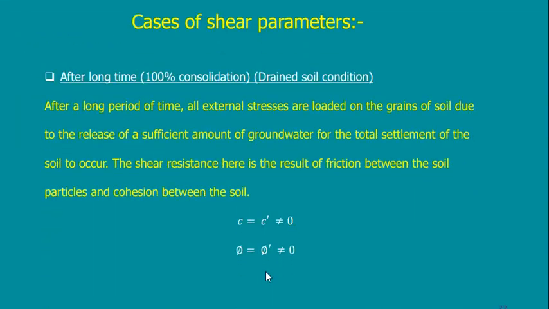In this case, at the end of the loading, I will have C dash and phi dash. What is the difference between C dash and C? And what is the difference between phi dash and phi? I just eliminated the effect of water.